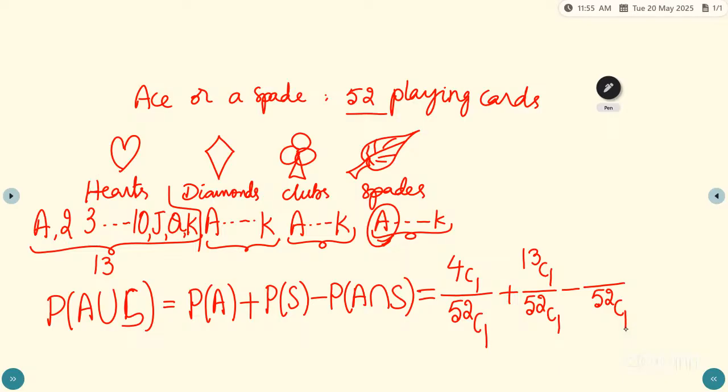Okay, how many cards have both ace and spade? Only one. Choose that one. So what is the answer? 4 plus 13 minus 1, 16 by 52, which is 4 by 13.